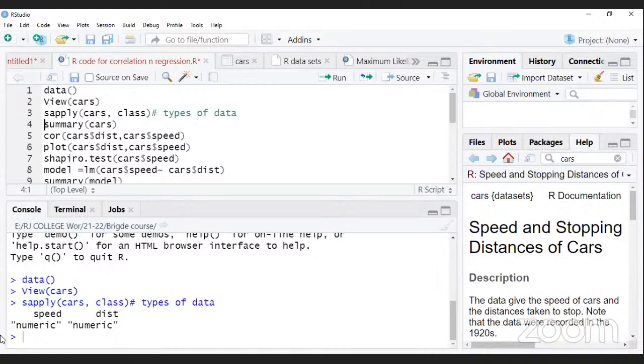Just go to the chat box and type Y if you are coming to this for the first time, meaning you are learning about RStudio for the first time. I will give a little bit more about RStudio. Is there anyone who is not aware of RStudio? Okay.